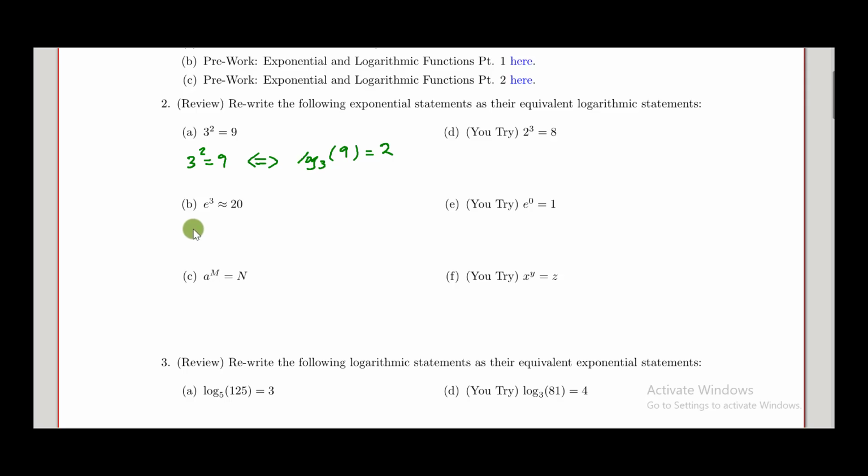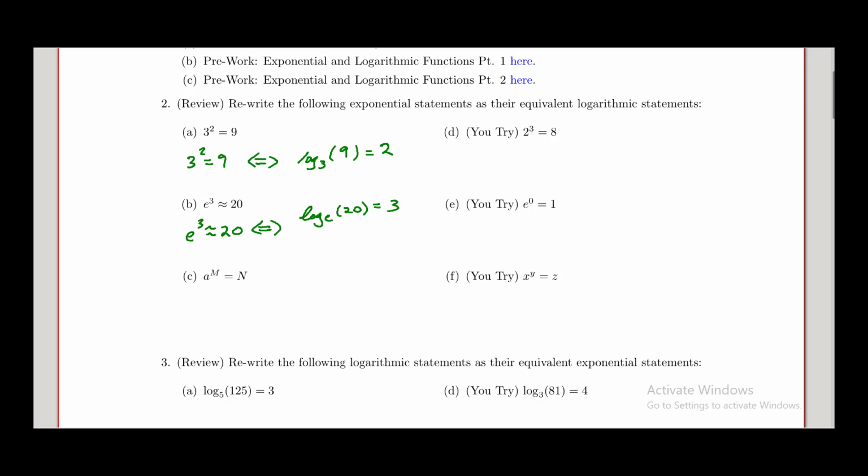Okay. So here we have e cubed is approximately 20, and you can check that in your calculator if you like to see that it's relatively close to 20. And we'd like to give the logarithmic equivalent statement. So remember here, you might think that you should write, well, the log base e of 20 is equal to 3.